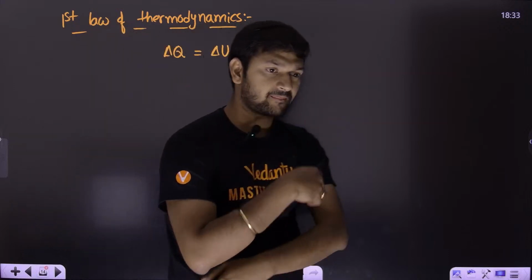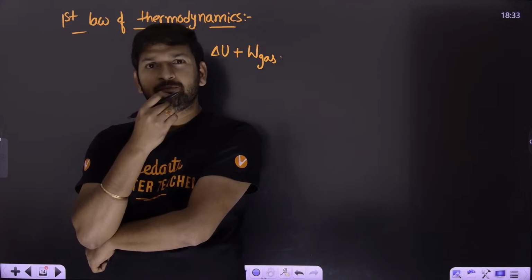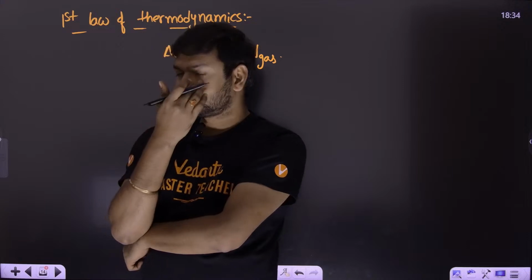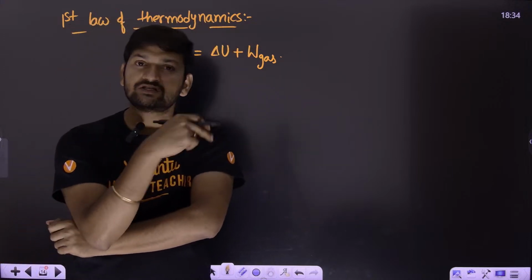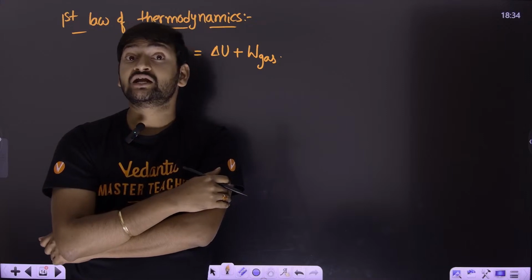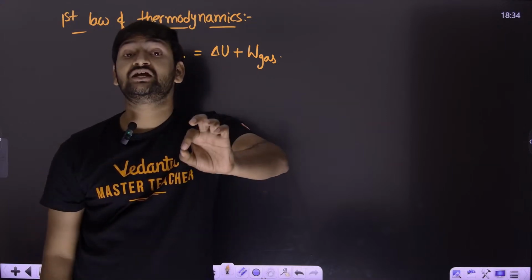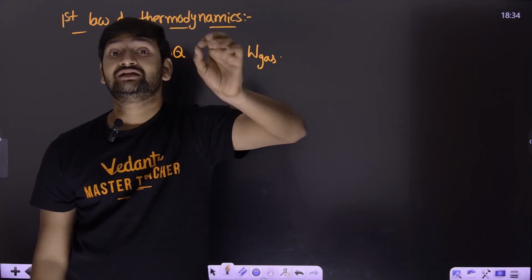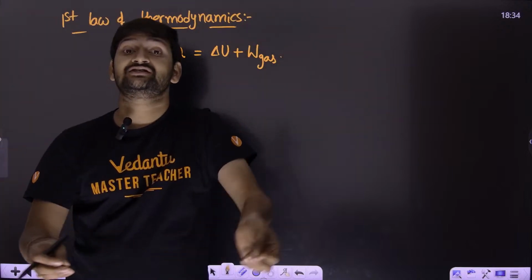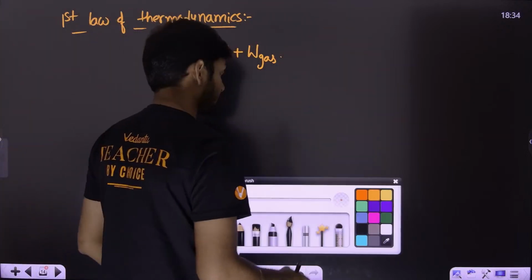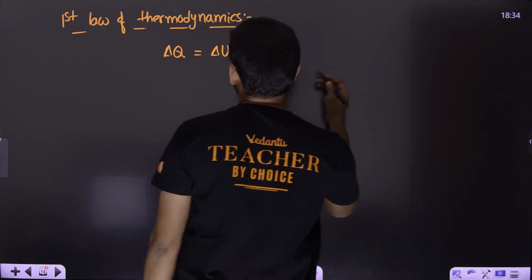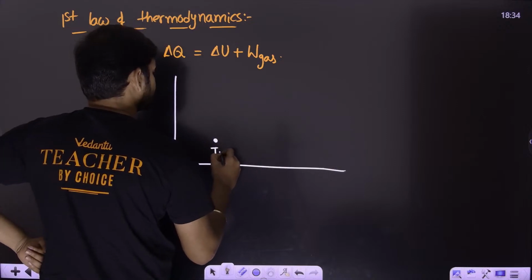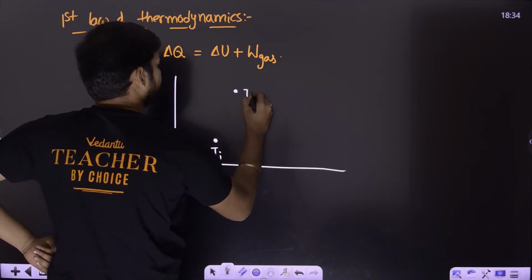Now, I already proved that delta U is a state function, right? So irrespective of how I move, like which process I take, change in internal energy should be the same if the initial temperature and final temperature are two unique things and you are trying to reach the same points in every process. What I mean, for example, see, this is my initial temperature and this is my final temperature.